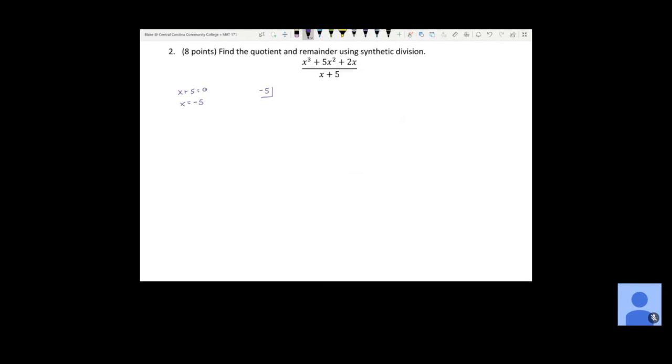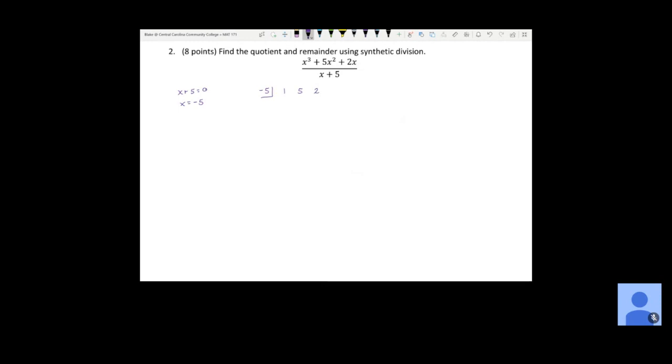Okay. Now we're going to list out our coefficients, right? So what are the coefficients going to be this time? Okay, so we have 1, 5, 2, and this time we're actually missing the constant term, right?